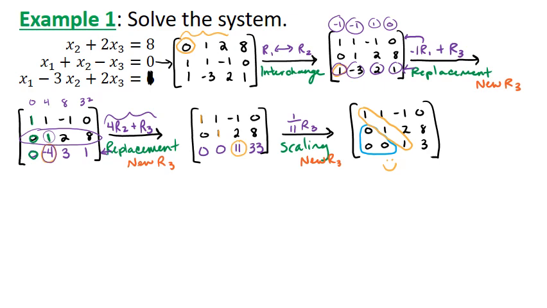And what we want to do now is we want all of these entries here to become 0. Okay, so if we can achieve that, then our answer to this system of equations will be more straightforward.